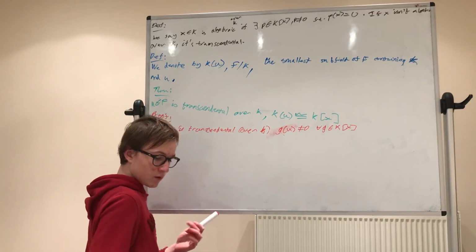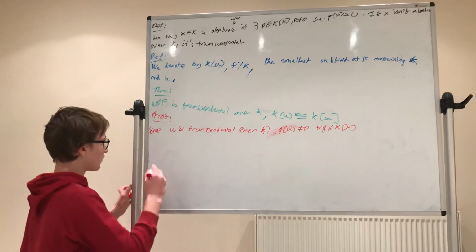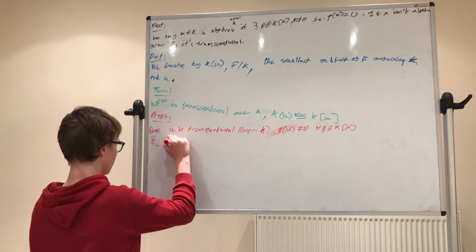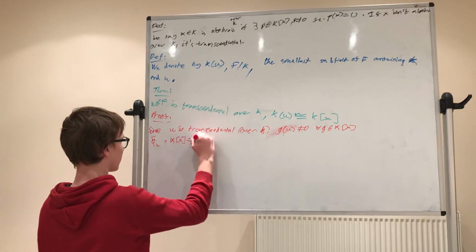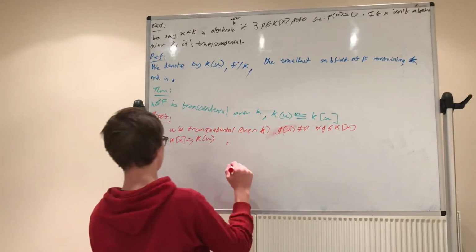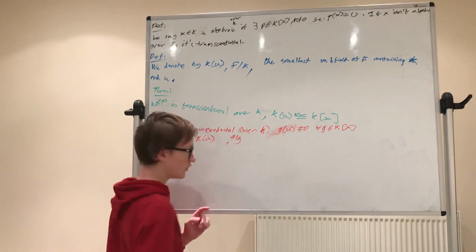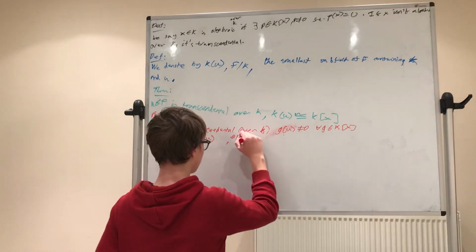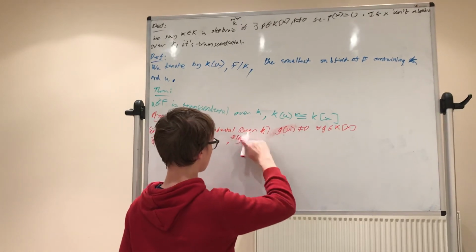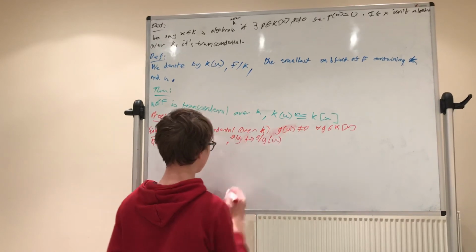Therefore, we can define phi tilde sub u from K(x) to K(u) by mapping f over g to f(u) over g(u).